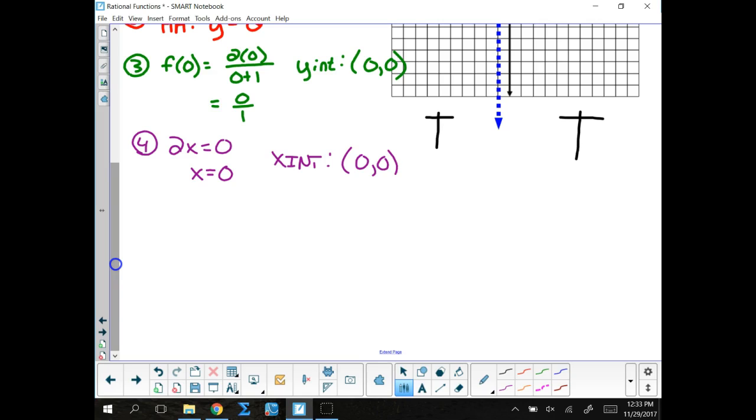If I have 2 vertical asymptotes, I would make 3 mini T-charts. If I have 4 vertical asymptotes, I'd make 5 mini T-charts. 1 for each section.